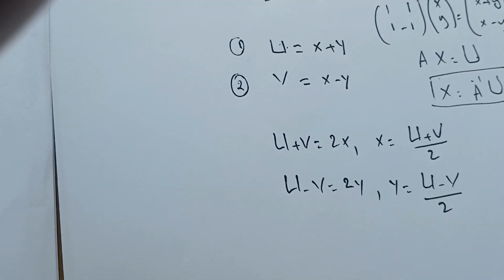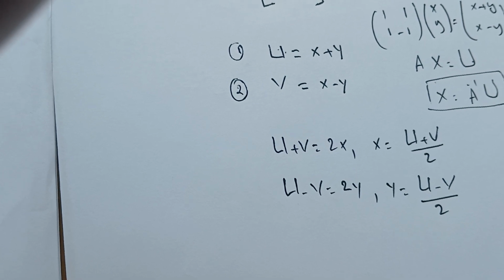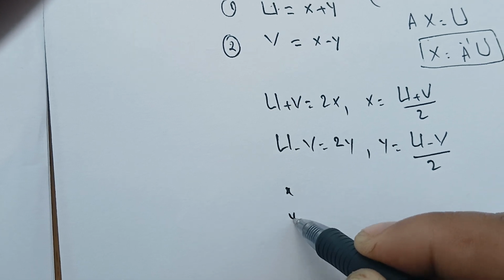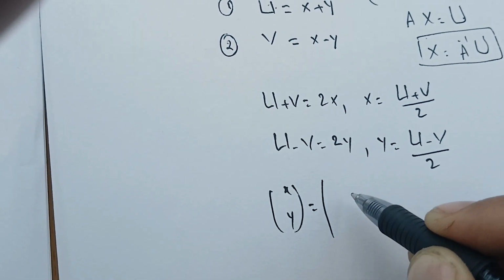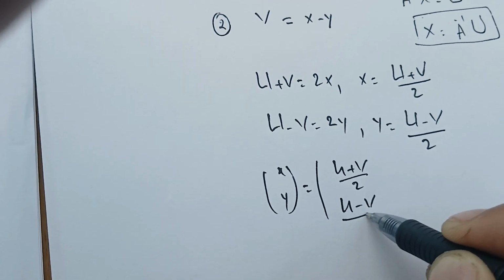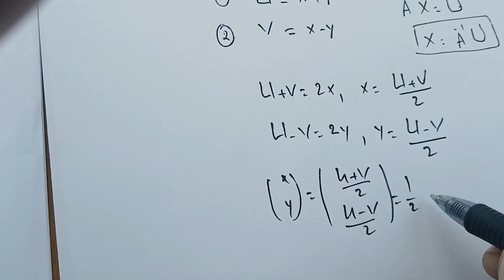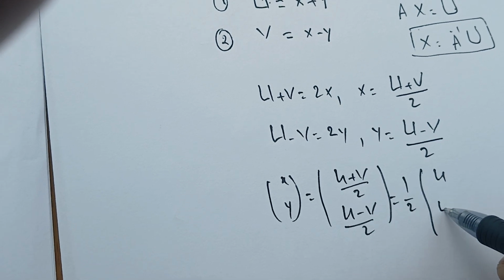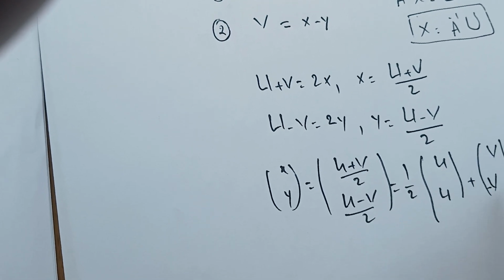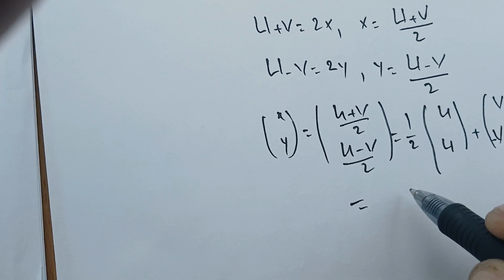Okay, so in this case, we can write x, y as u plus v over 2, u minus v over 2. We take the 1/2 outside, and we can write this as u plus v, u minus v. And we get our matrix.